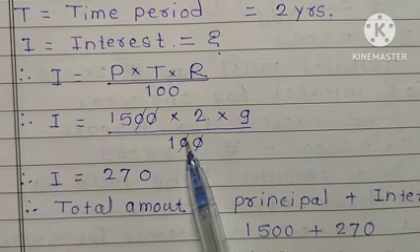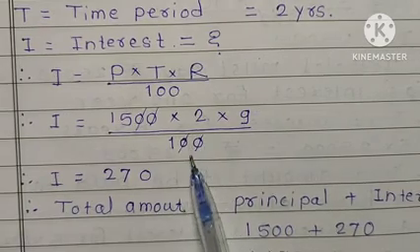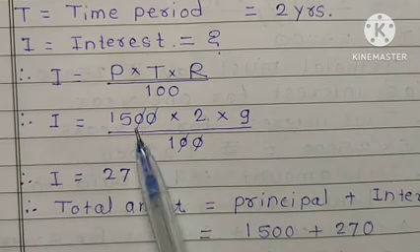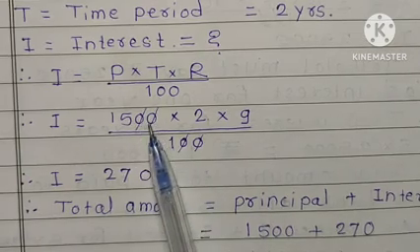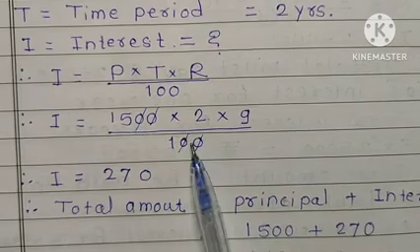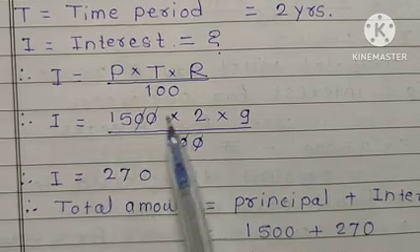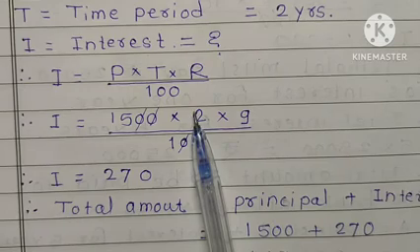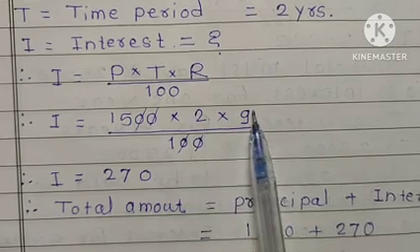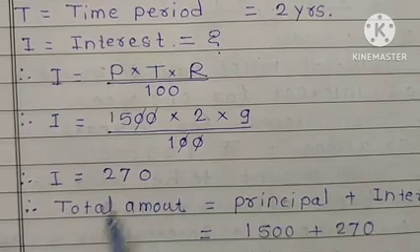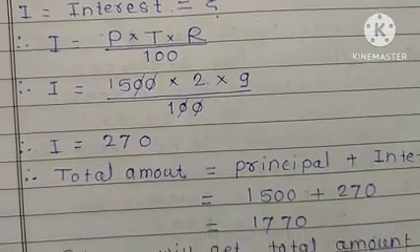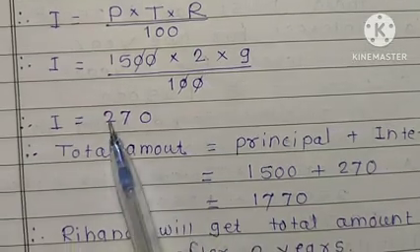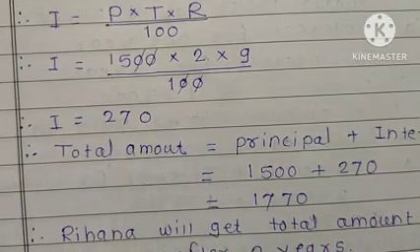Now simplify. 0, 0 from denominator and 0, 0 from numerator will get cancelled. So 15 into 2, that is 30. 30 into 9, that is 270. So interest is 270 rupees.